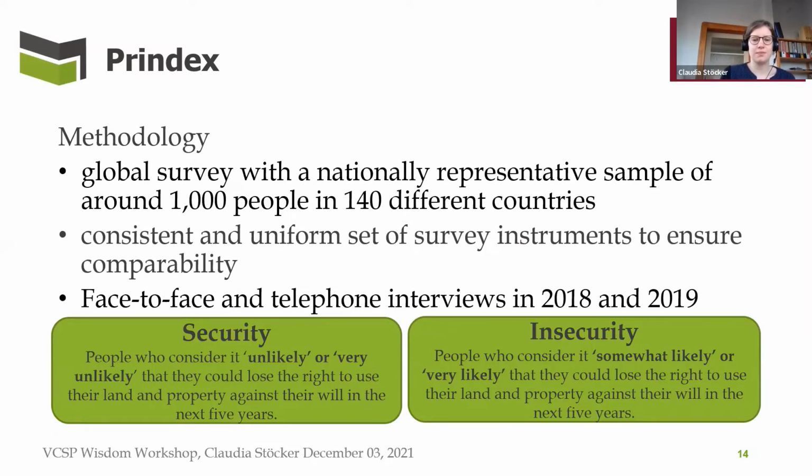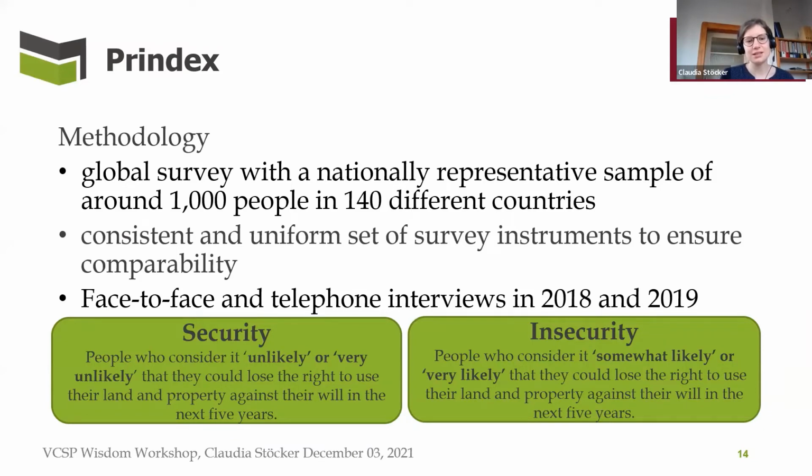The unique thing is really that they have a consistent and uniform set of survey instruments to ensure that the data collected from different countries can be compared to each other. Because with other tools, this is sometimes a problem when you have different data collection methods, then there's always a certain bias. And Prindex really tries to eradicate these biases.